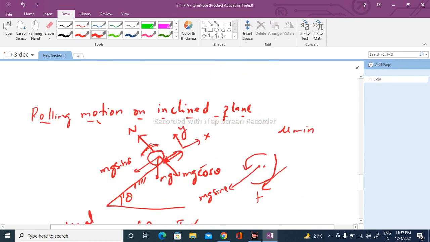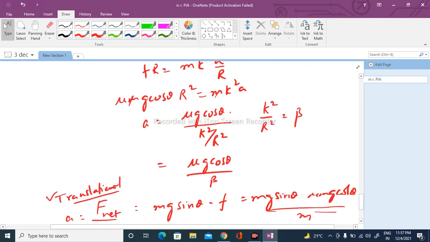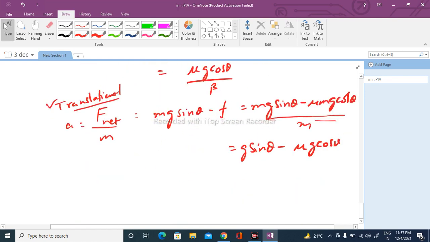Because this object is rotating, if I draw the bigger diagram here, it is rolling like this. So the rotational acceleration will be acting like this, and the linear acceleration will be acting like this. When both become equal, there will be the case of pure rolling. So we have to equate these two accelerations.